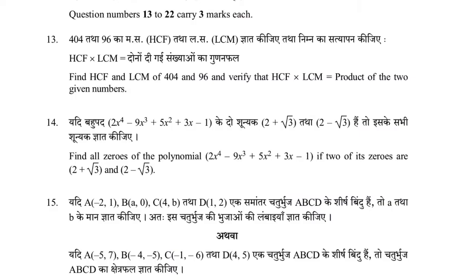14th question. In this we have to find the zeros of the polynomial 2x4 minus 9x cube plus 5x square plus 3x minus 1, and the two zeros are given as 2 plus root 3 and 2 minus root 3.